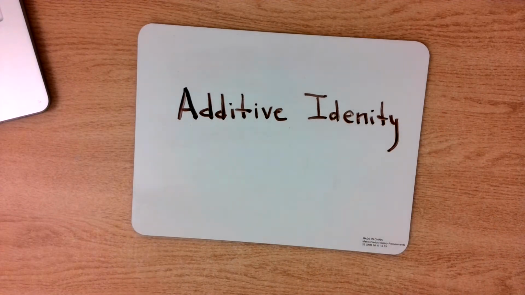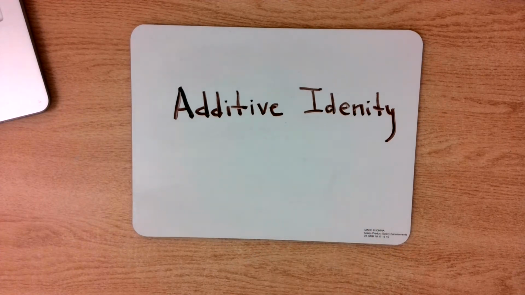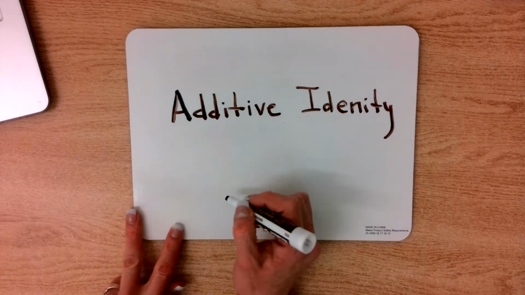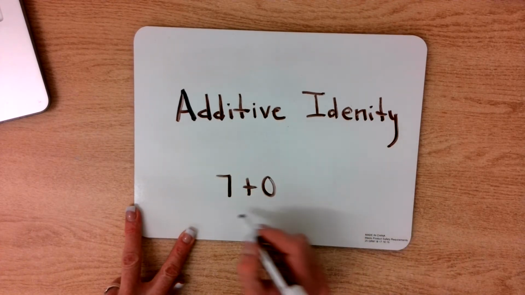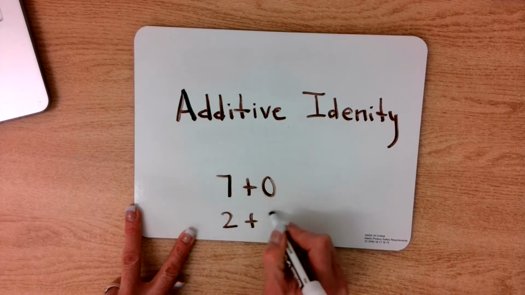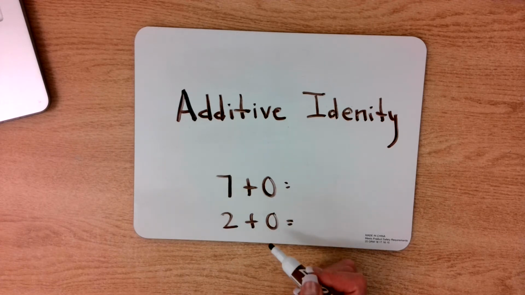Additive identity. That's 0 plus any number. Okay? So it could be 7 plus 0. It could be 2 plus 0. Okay? It's the additive identity. And anything plus 0 is going to be that number.